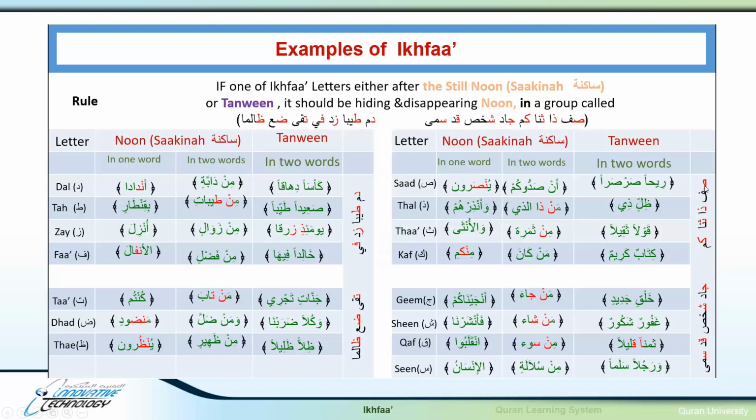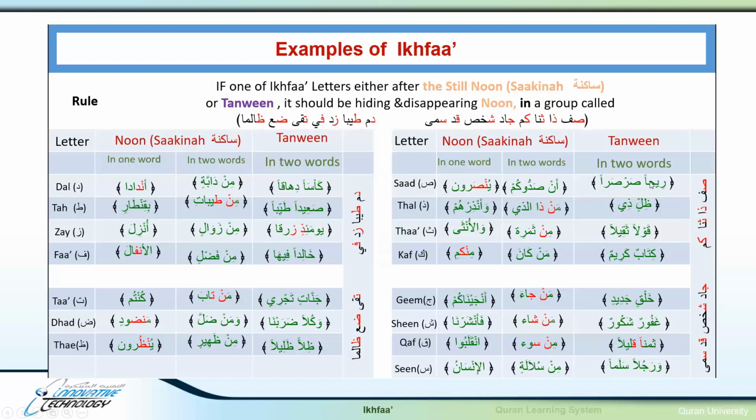We'll start with the sad, and we'll realize that for each letter there will be two examples for Nun Sakinah, because one example is given for the Nun Sakinah followed by the letter in the same word, while the other example indicates the meeting of the Nun Sakinah with the letter in two words. Now Tanween always happens in two words.